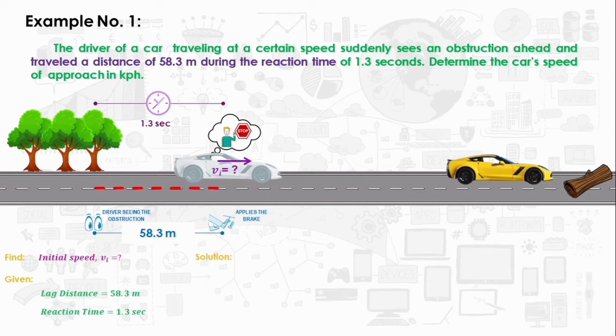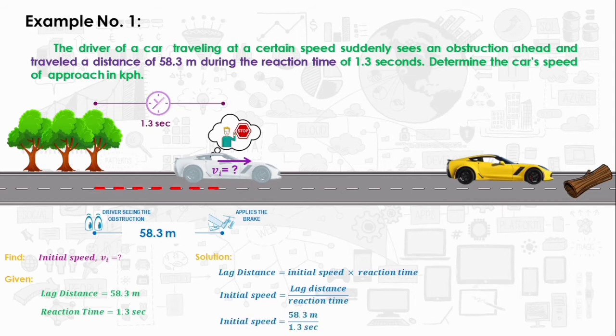Now, for lag distance, we can use the formula lag distance is equal to initial speed multiplied by the reaction time. Since the initial speed is unknown, we can rewrite the equation as initial speed is equal to lag distance divided by the reaction time. Then substitute the known values to the equation.